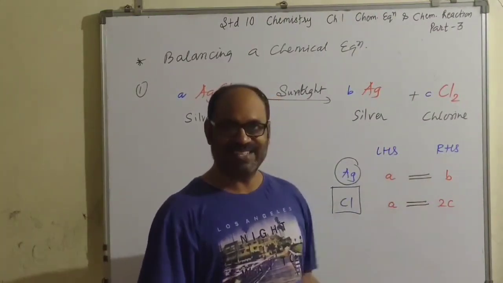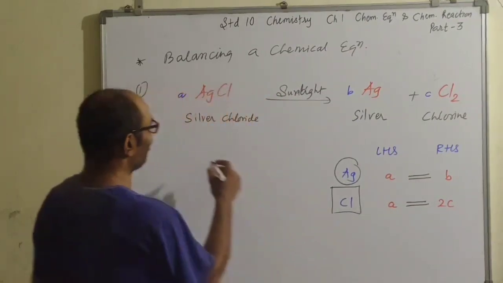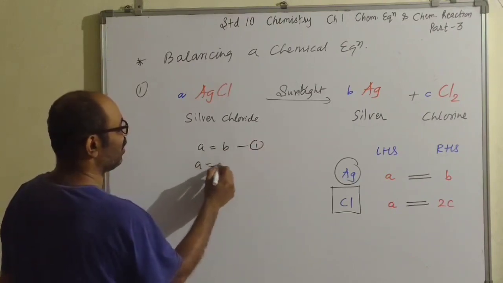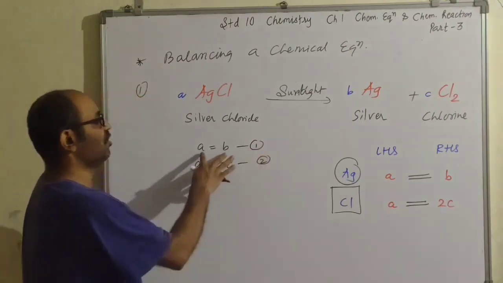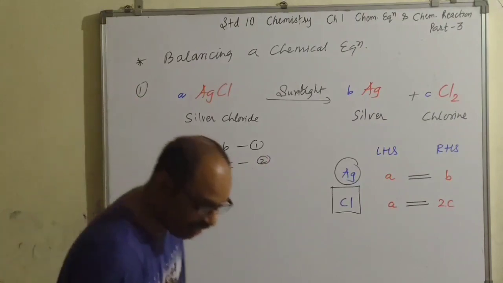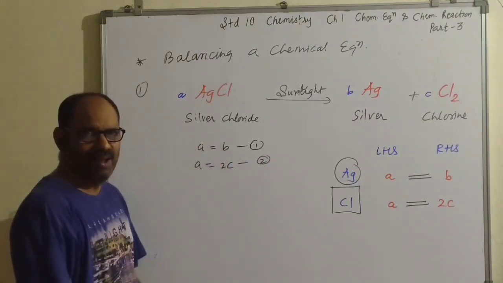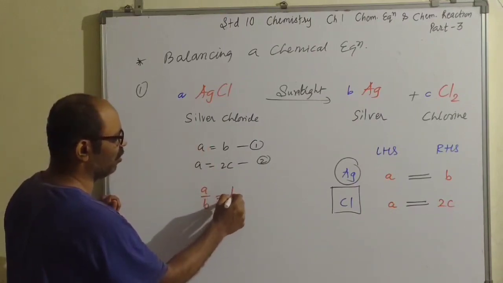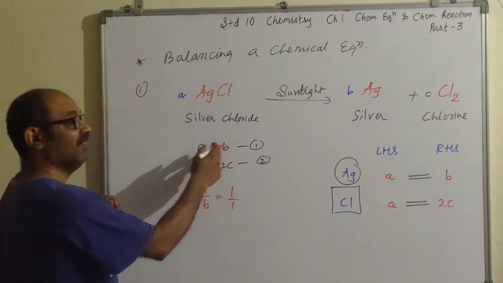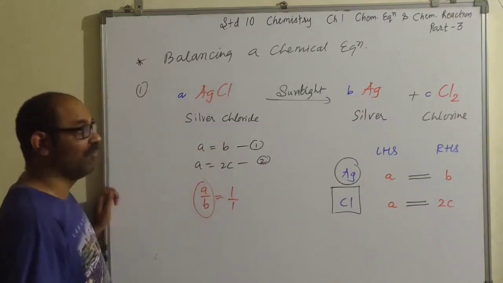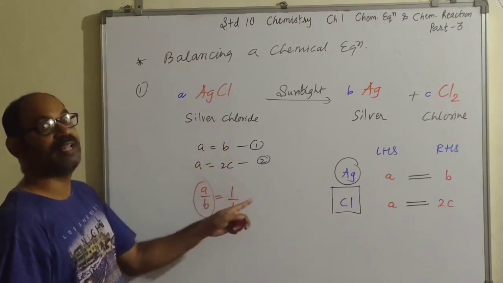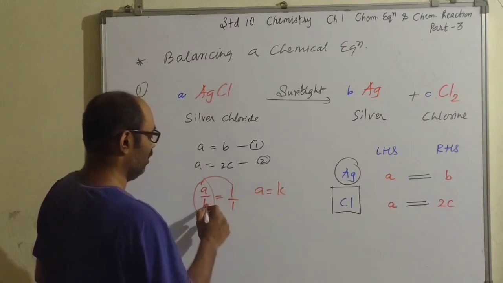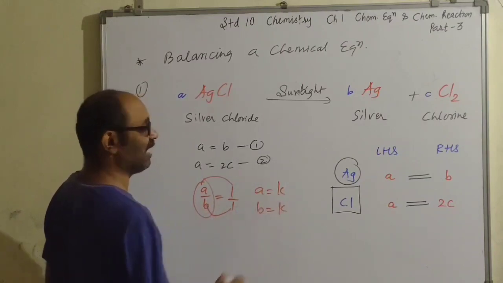So you got two equations: A is equal to B first, and A is equal to 2C second. Relationship between A and B, relationship between A and C. Pick up any one, so easy. I can say A upon B is equal to 1 upon 1. You have to take the ratio of the variables. B I am taking on the other side, so that is equal to 1. So I can say A is equal to 1K and B is also equal to 1K.